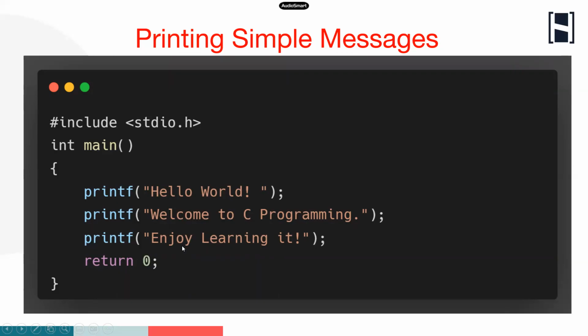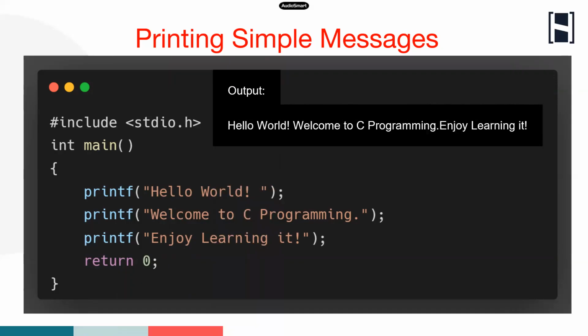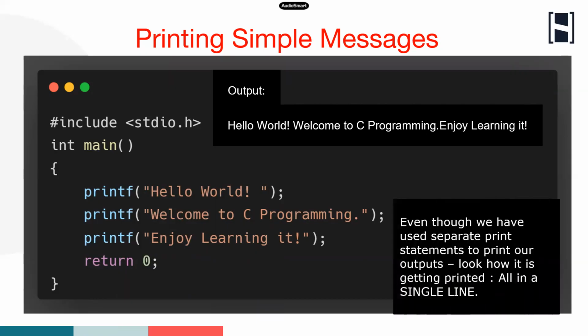When I execute this program, how is the output going to come? Please have a look. Even though I am using three separate printf statements, look at how the output is coming. Everything is getting printed in a single line.